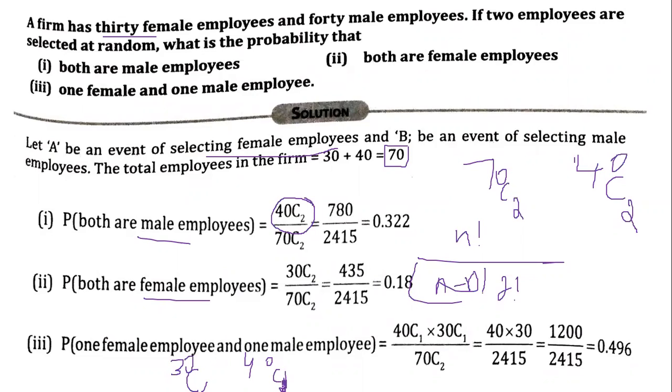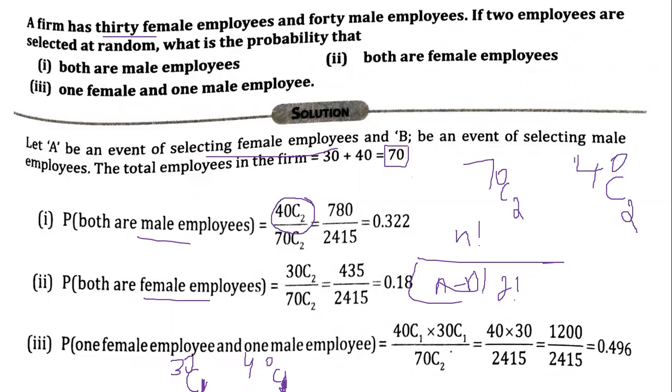So 40C1 into 30C1 divided by 70C2, since the denominator will not change. Out of 70 people I am selecting two, and of those two, one is male and one is female.